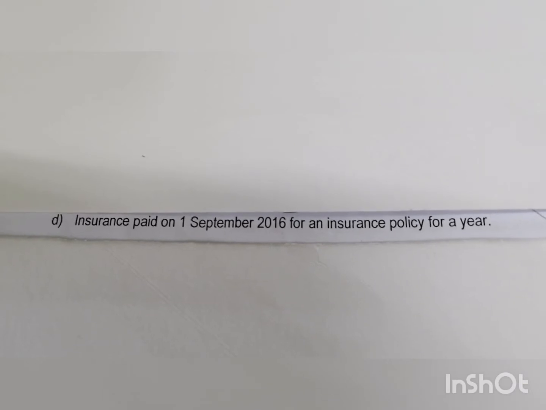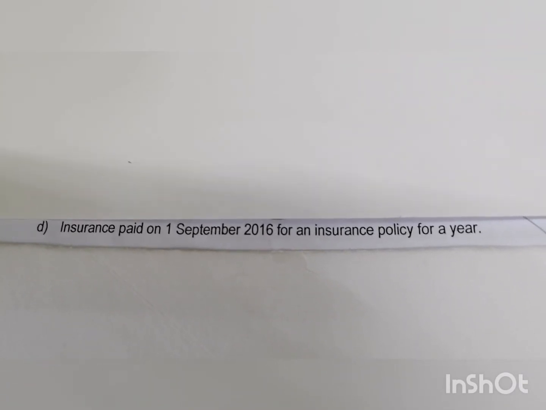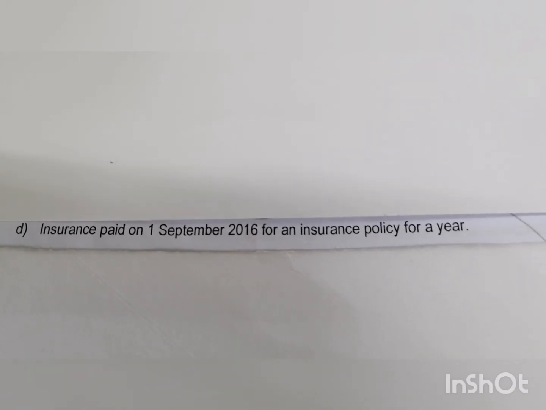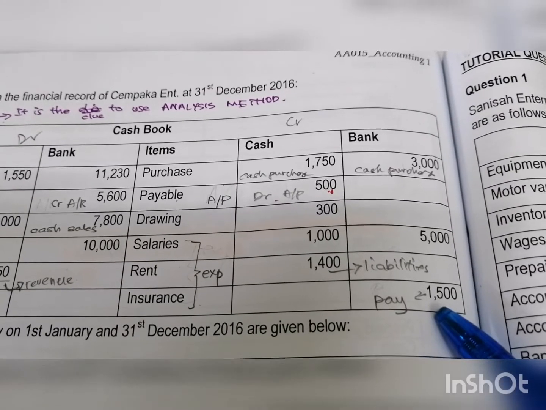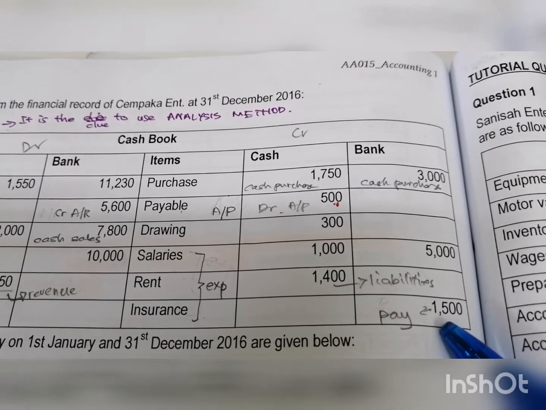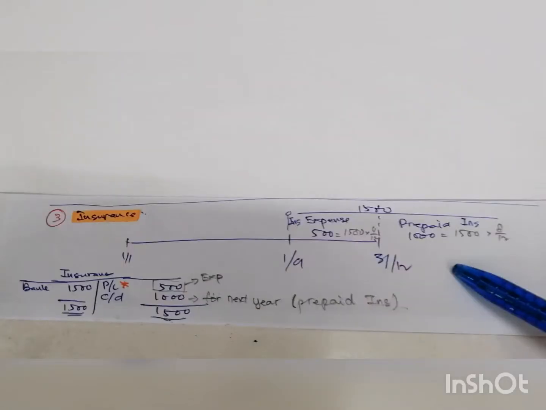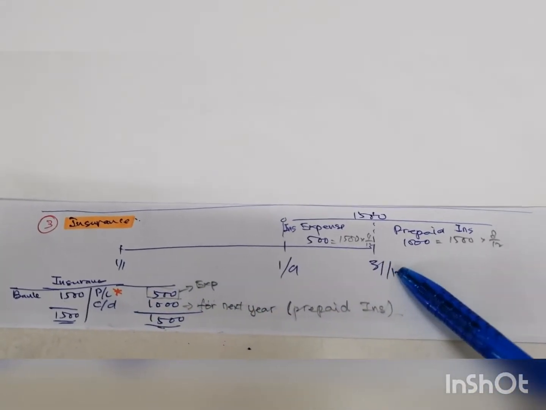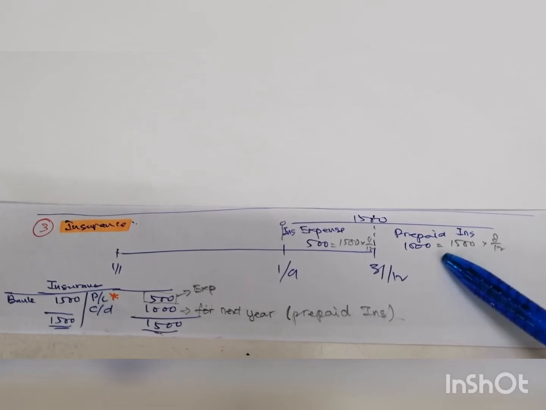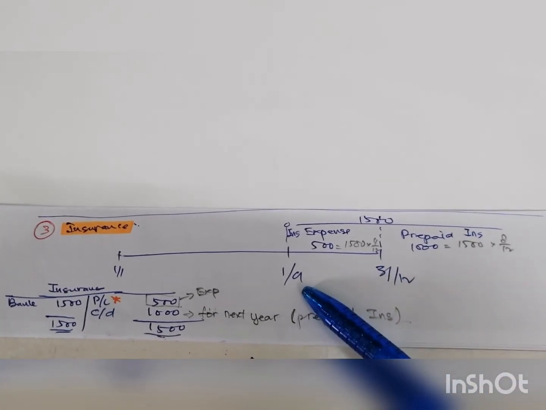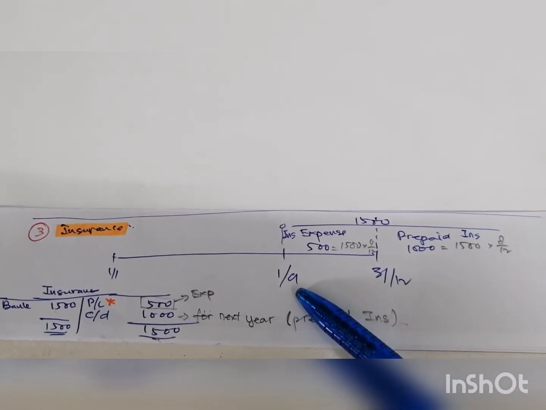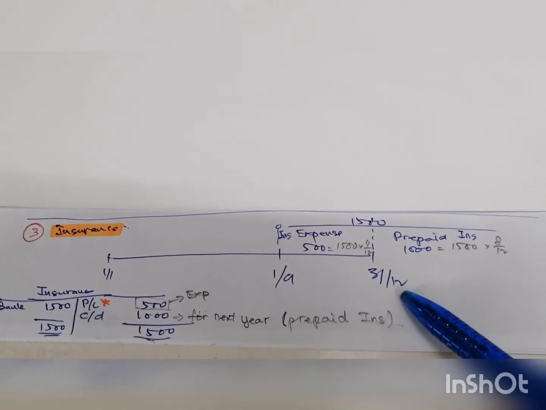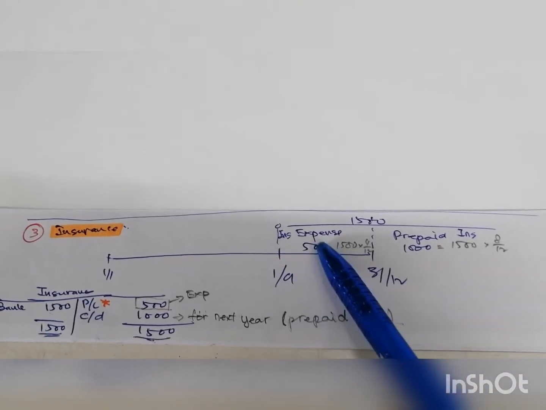For insurance, the additional information given is insurance paid on 1st September 2016 for an insurance policy for a year, and the company paid 1,500 for the insurance. Therefore, we need to draw a timeline to calculate the insurance expense and prepaid insurance. Since it started on 1st September, until the end of the accounting period 31st December, how much is the insurance expense?